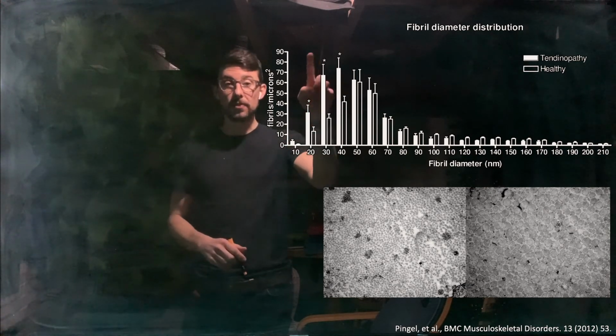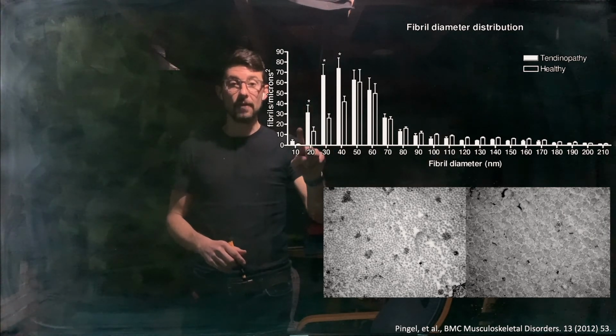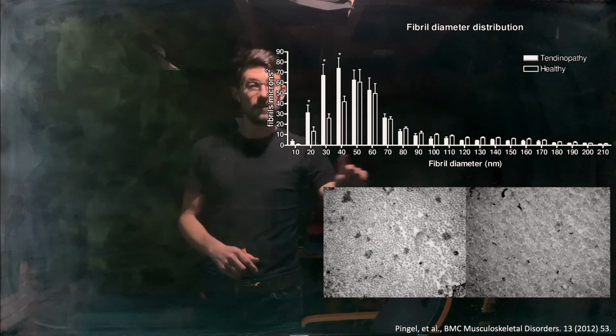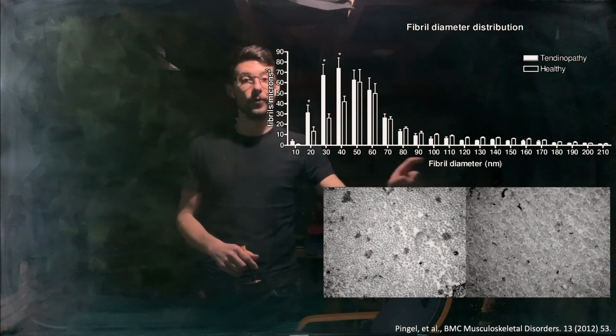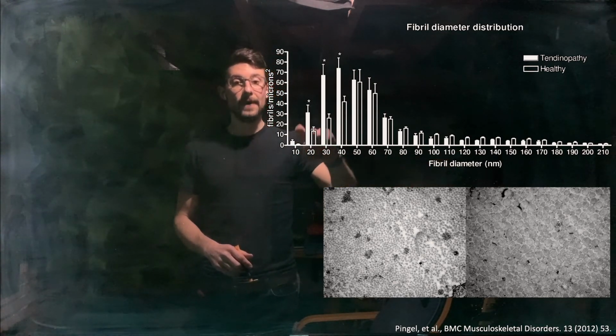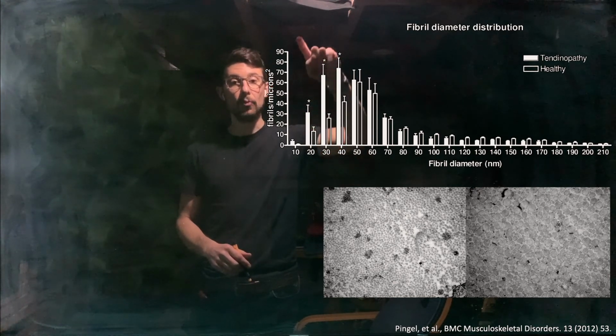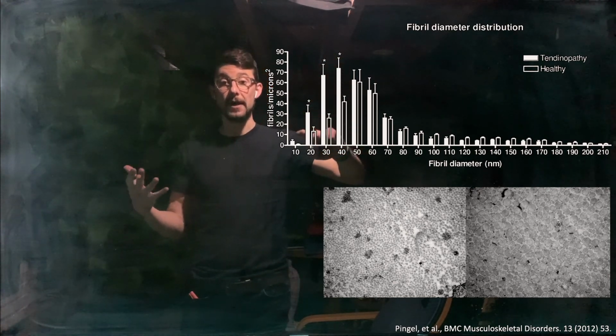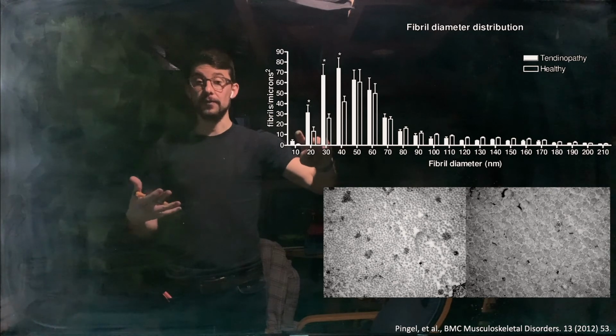So here is a plot showing the diameter of collagen fibrils on the horizontal axis, and the count frequency with which you find fibrils of different diameter on the y-axis, so a histogram.